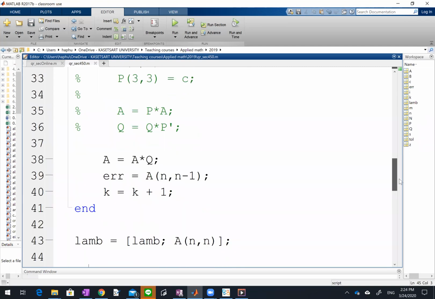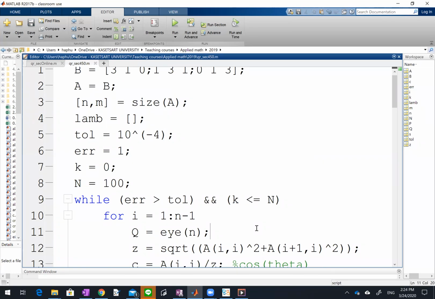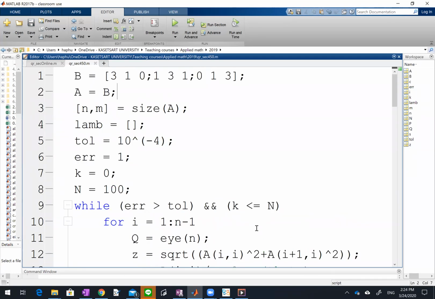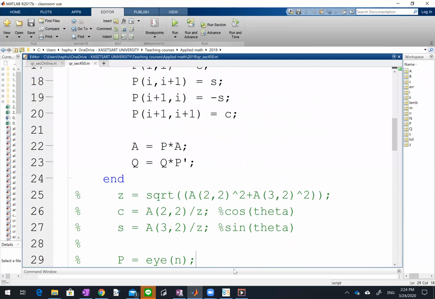Hang on. Okay. Yeah, one greater than. Okay, let me just pause for a minute and then fix it and come back to tell you what went wrong.